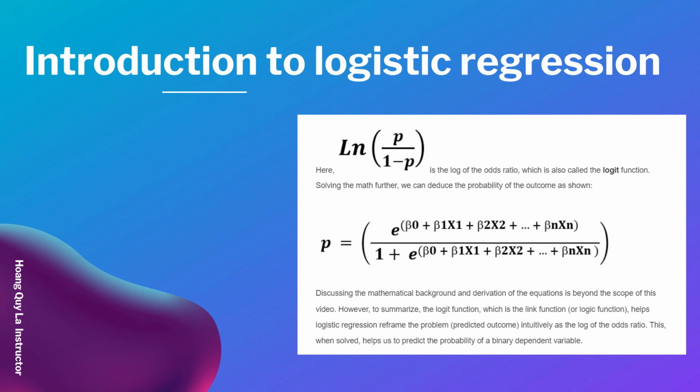However, to summarize, the logistic function, which is the link function or logit function, reframes the problem, predicting the outcome intuitively as the log of the odds ratio. This, when solved, helps us predict the probability of a binary dependent variable.